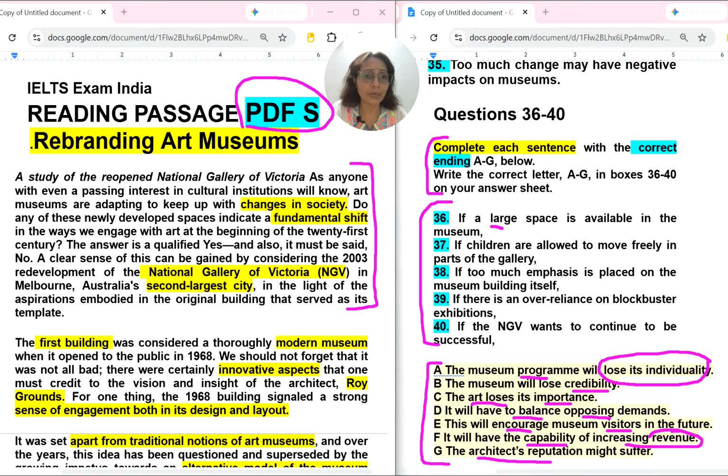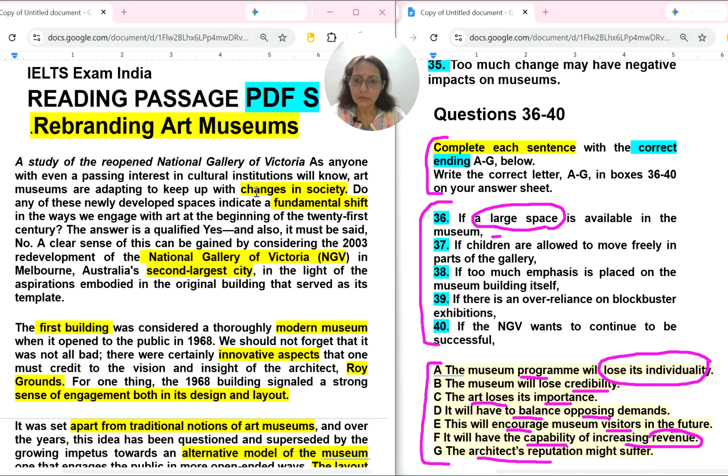If a large space is available in the museum, then what will happen? We have to find this large space. Instead of large space we can get another word, so I'm sure the words large space are not here. I have read this reading, the National Gallery, and in the first paragraph nothing was relating to large space.